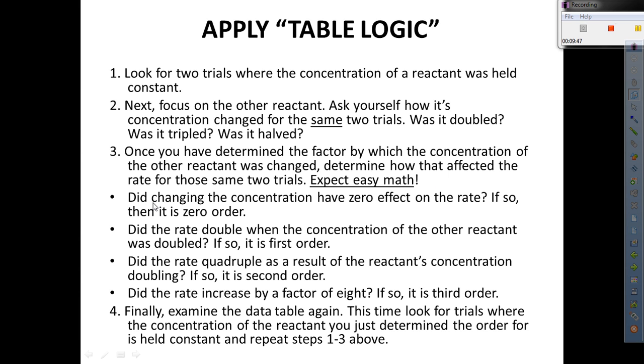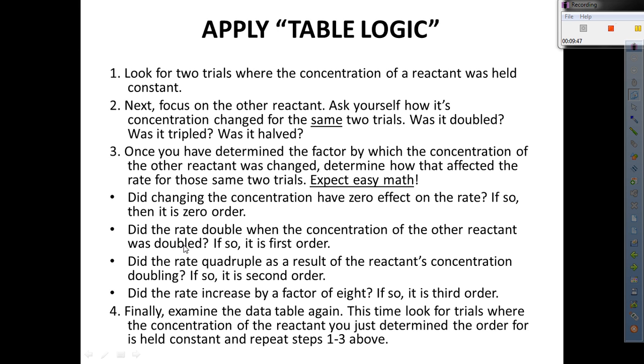So, what you're looking for, did changing the concentration have zero effect on the rate? If it had zero effect on the rate, meaning the rate didn't change, then it's called a zero order reaction. Second, did the rate double when the concentration of the other reactant was doubled?